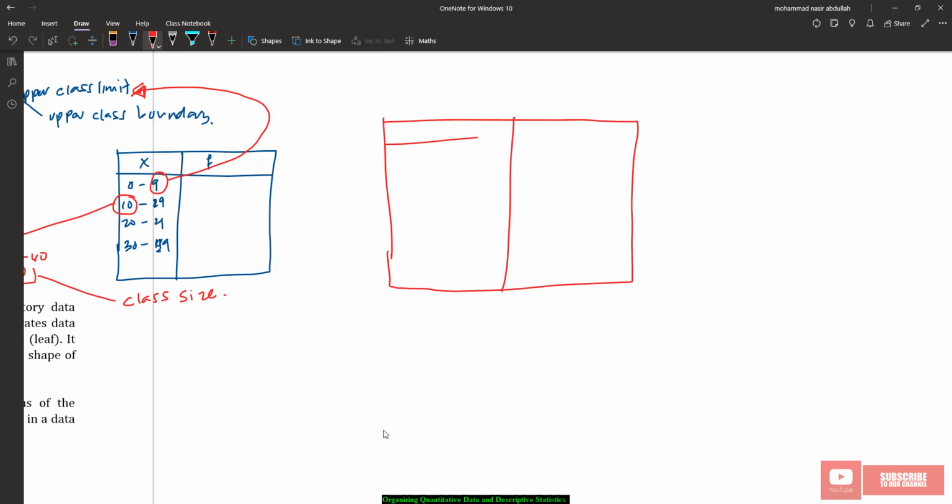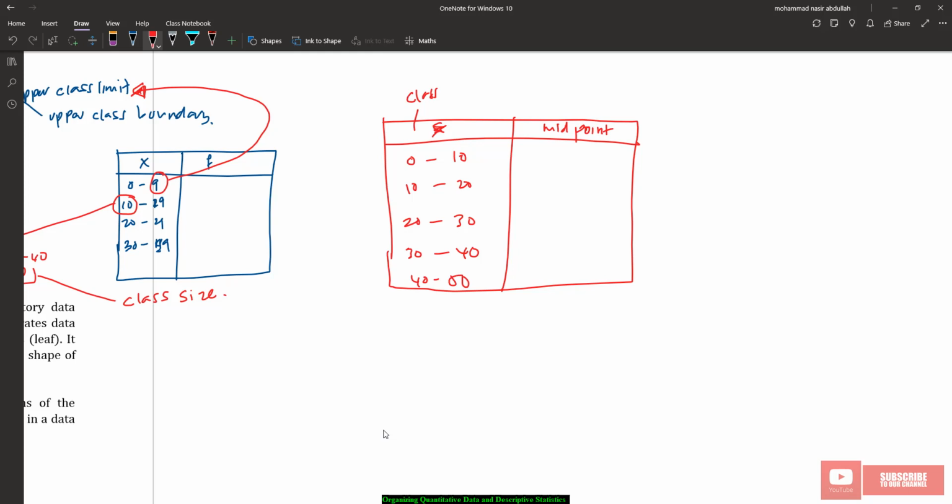For example, this is X: 0 to 10, 10 to 20, 20 to 30, 30 to 40, 40 to 50. So the middle value of the class is 0 plus 10 divided by 2. This is what we call the midpoint.